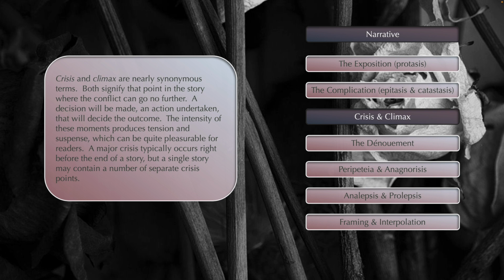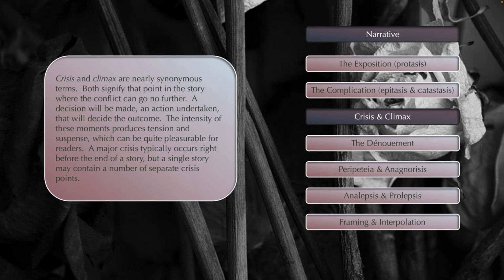Crisis and climax are nearly synonymous terms. I don't know if I've ever been in a situation myself where I tried to treat them separately, but both signify that point in the story where the conflict can really go no further. A decision will be made, an action will be undertaken that will decide the outcome.